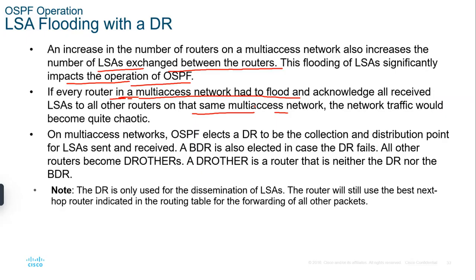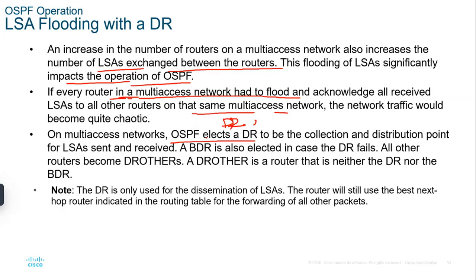So on a multi-access network, OSPF elects a DR to mitigate that limitation, so that whenever there is an update, the update is sent to the DR, and then the DR is the one to send the advertisement.